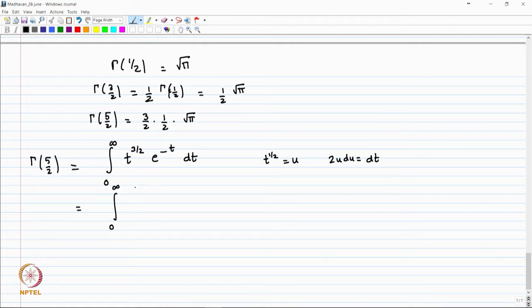Now, instead of t raised to half, I have u cube e to the minus u square, and what we have is 2u du. So, this is twice the integral of u raised to 4 e to the minus u square du.